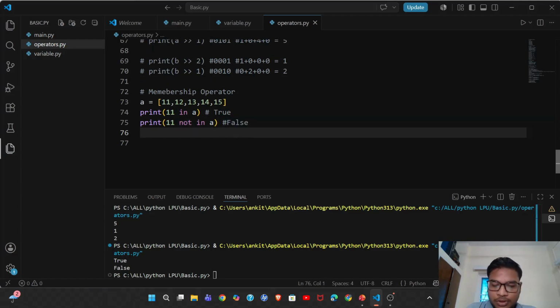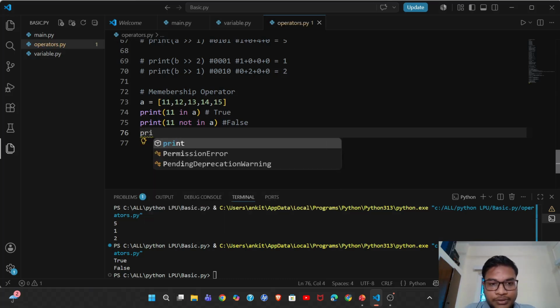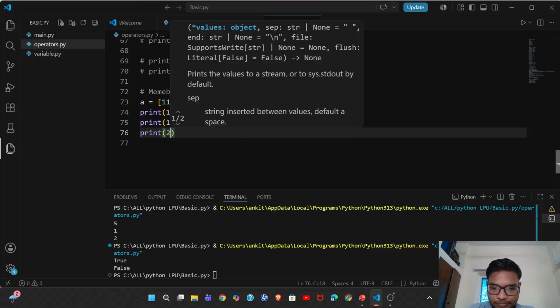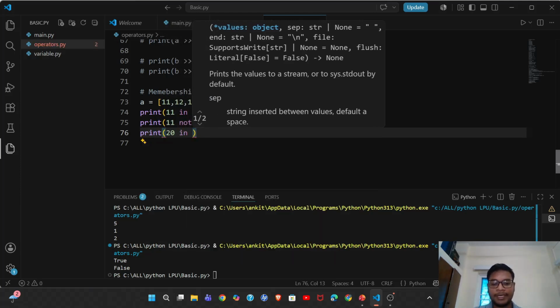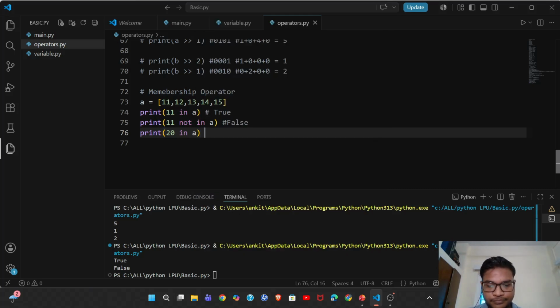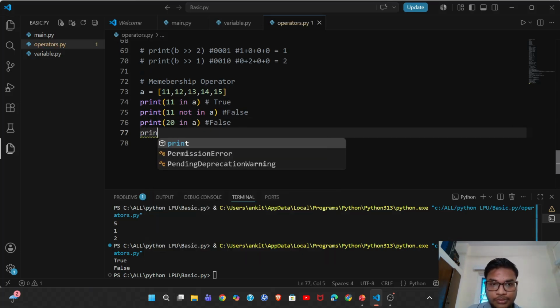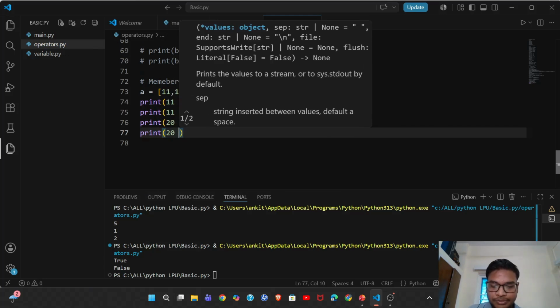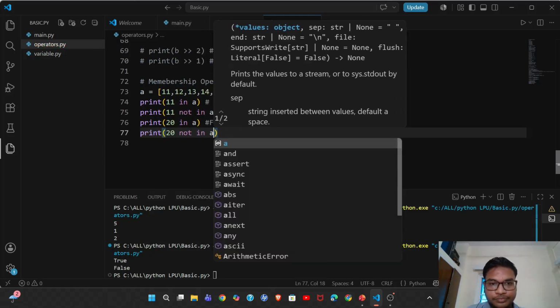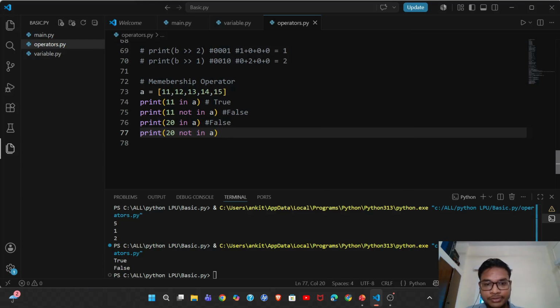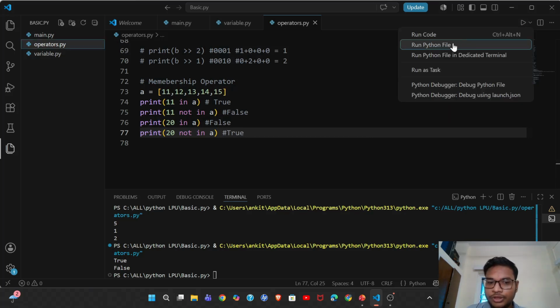If we print 20 in A, what is the output? The output is false because 20 is not inside A. Okay, and print 20 not in A. Now what is the output?